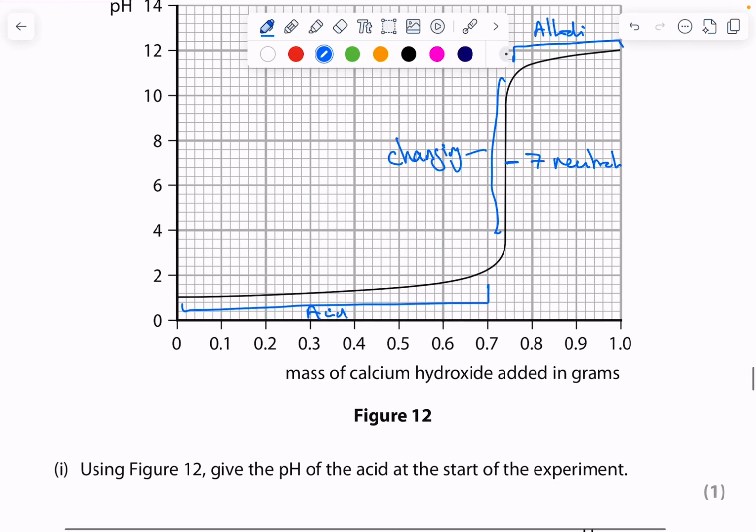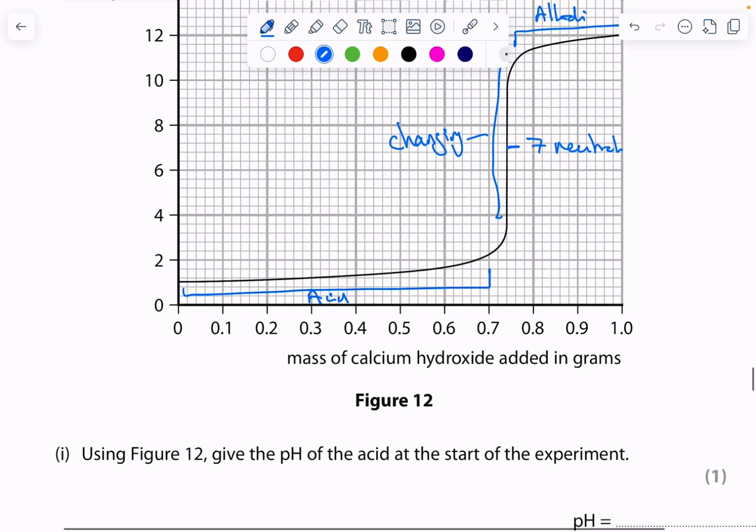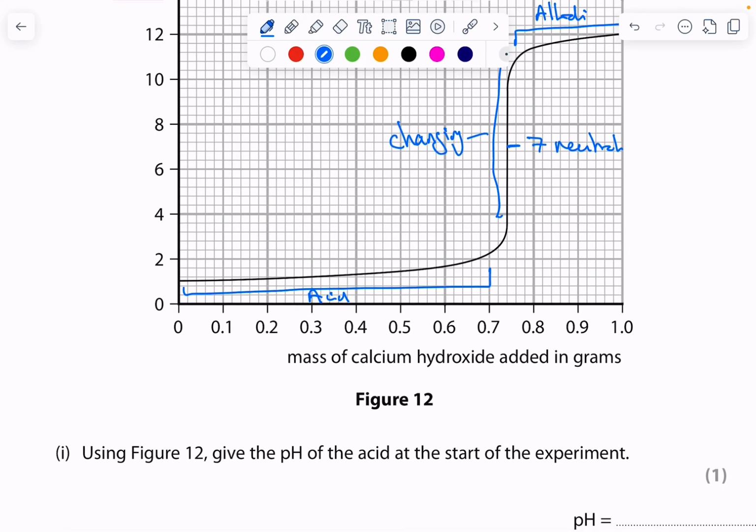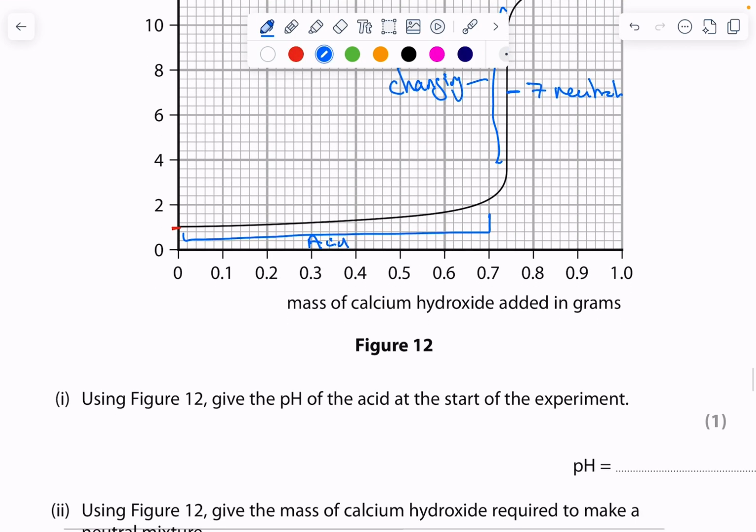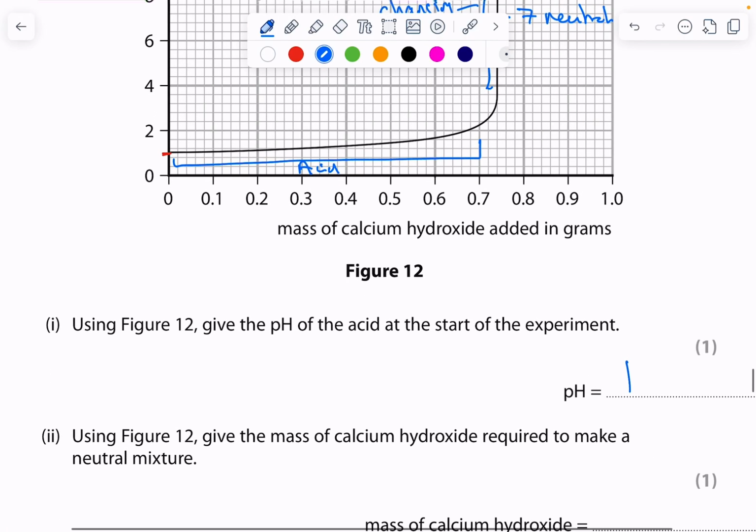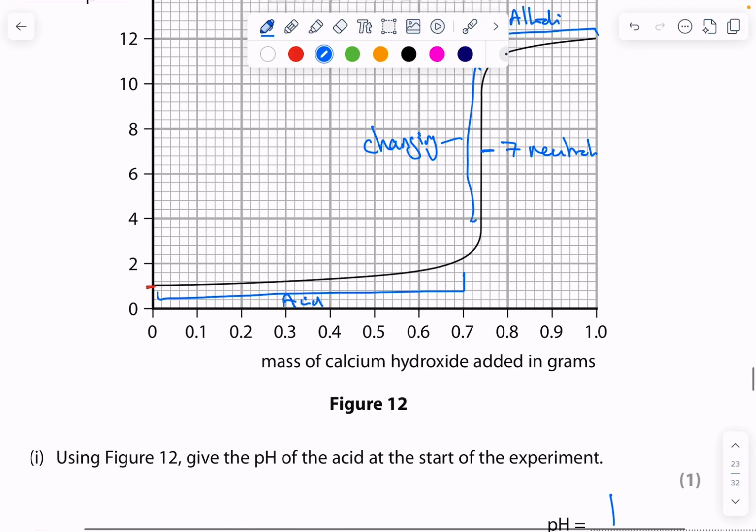Okay? So it says, use figure 12 to give the pH at the start of the experiment. So if you work out your scale, and this one is halfway, so it's going to be a little bit easy for us, that's going to have a pH of 1 at the very beginning. Use figure 12 to calculate the mass of calcium hydroxide to make it neutral. Okay, so this is where we need to remember that pH 7 is neutral.